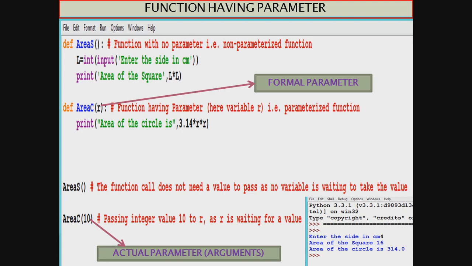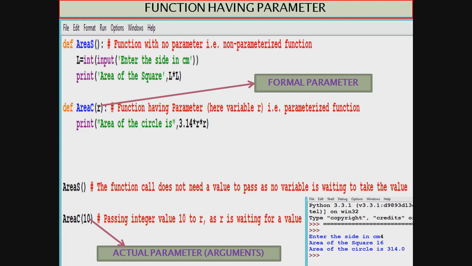But when you see area C, you are passing 10, and that 10 is being referred by R. So what if we don't pass that 10, or I should say if we don't pass anything?